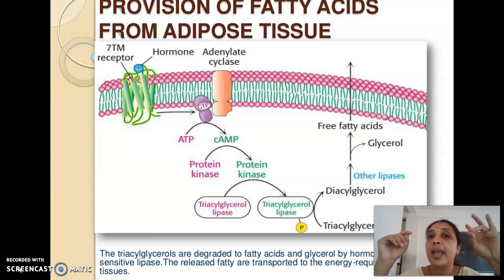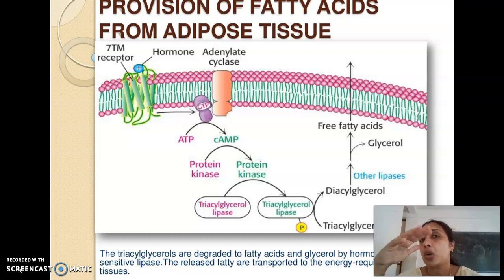CAT1, CAT2. CAT1 transports fatty acyl CoA from the outer side of the inner mitochondrial membrane to the intermembrane space, for the action of the translocase enzyme. And there we said that CAT1 is the rate limiting enzyme of beta oxidation.